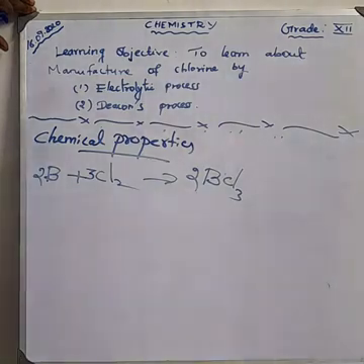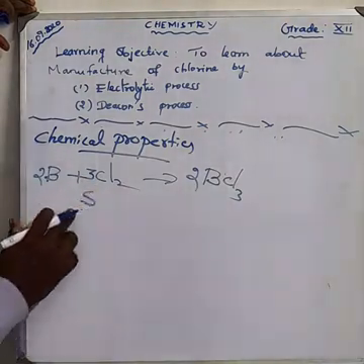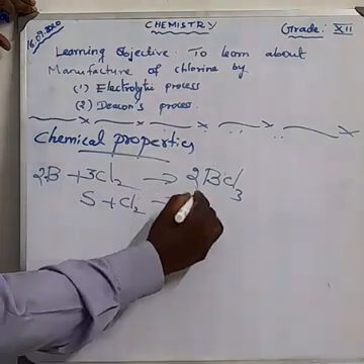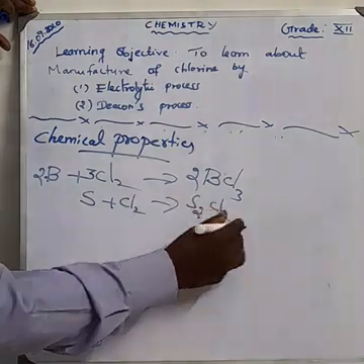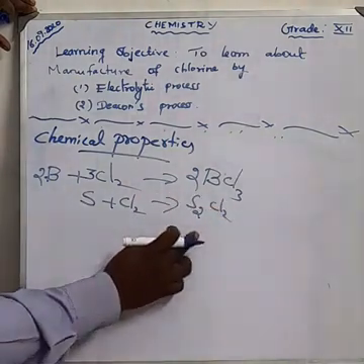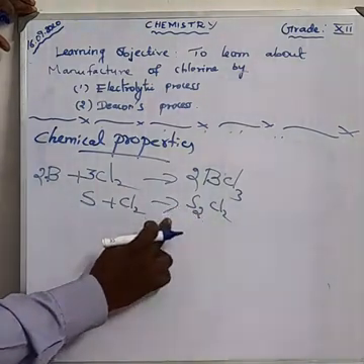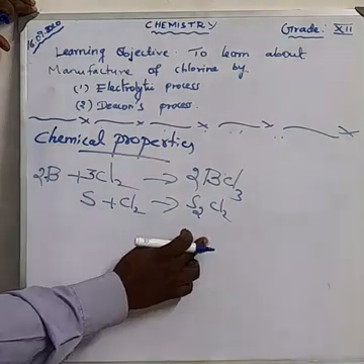About sulfur. Sulfur reacts with the chlorine to form S2Cl2. That is disulfur dichloride. Okay, what is the formula?